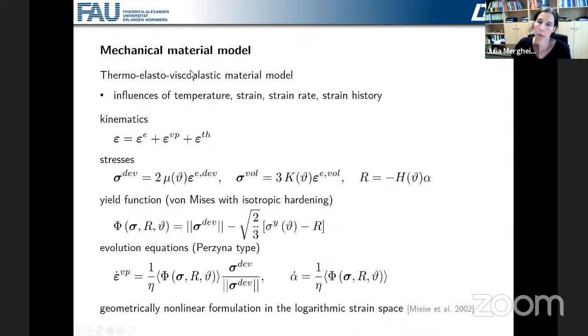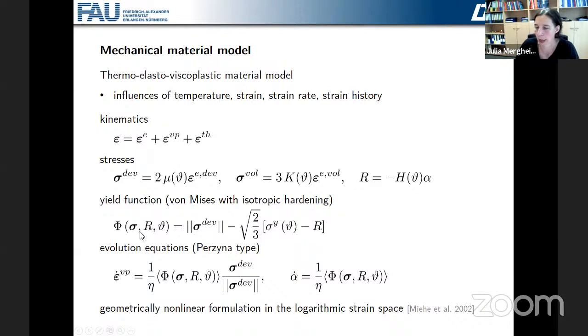For the mechanical problem, we introduce a material model which should capture the influences of temperature, strain rate, and strain history. And therefore, we introduce a thermoelastoviscoplastic model. We have seen the kinematics before. So the stresses then depend only on the elastic strains. Here, the volumetric and deviatoric stresses, and some temperature-dependent material parameters, for example, the shear modulus or the bulk modulus.